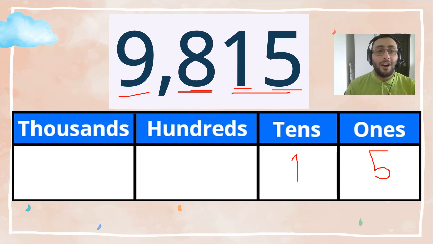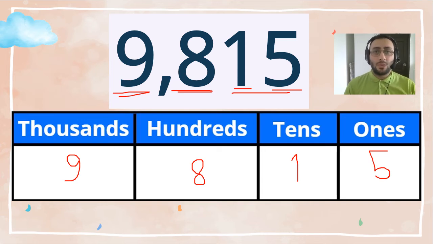How many hundreds do we have? We have 8 hundreds. How many thousands do we have? We have 9,000. So let's read it together. 9,815. Easy.